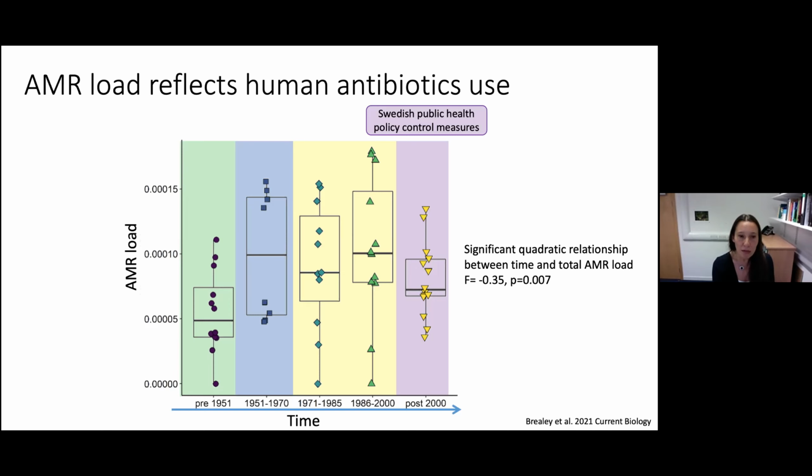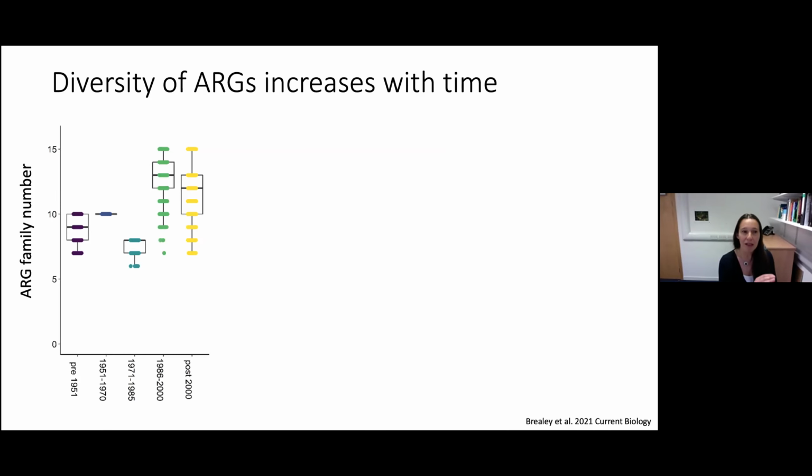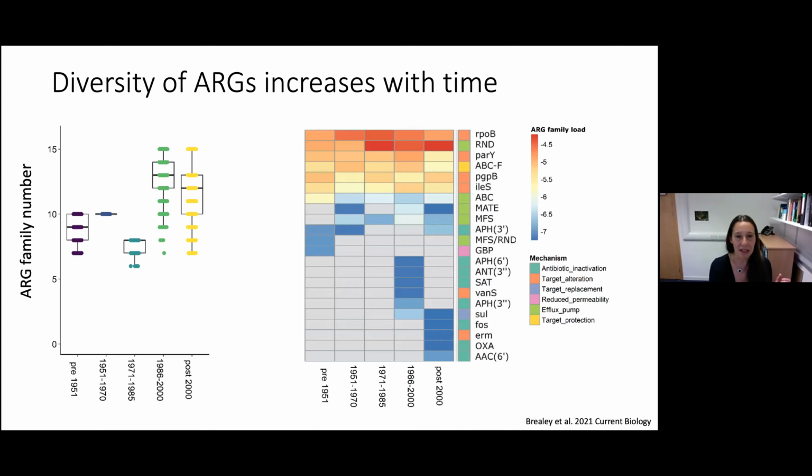What we also observe is that the diversity of resistance genes, here called families of resistance genes, has increased through time, which again corresponds to the diversity of different classes of antibiotics that are being used. And the reason for this increase is the appearance of low abundance new antibiotic classes.